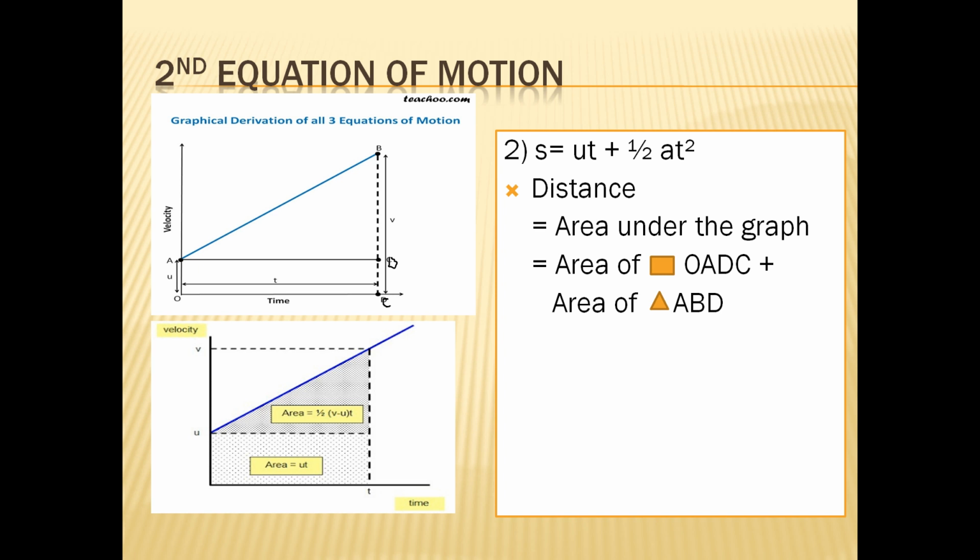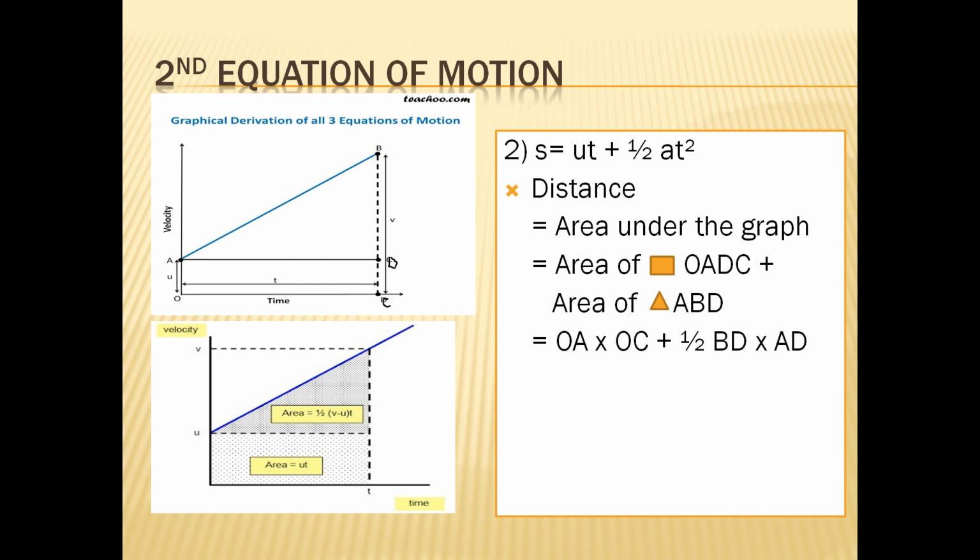So we will write the formula of the area of triangle and area of rectangle. Area of rectangle is length into breadth, which is given by OA into OC, plus half base into height, so it is half BD into AD.